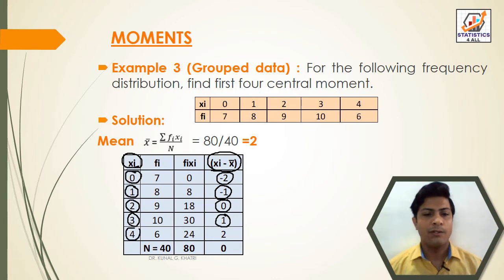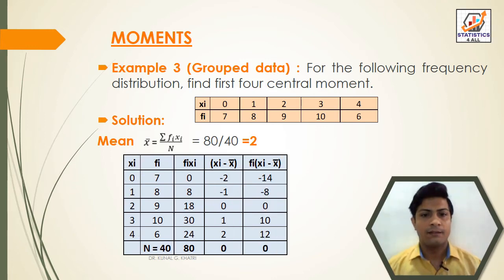And 4 minus 2 is equal to 2. Now we'll take the sum of xi minus x bar, we get the value 0. After finding this value, we'll find fi into xi minus x bar.